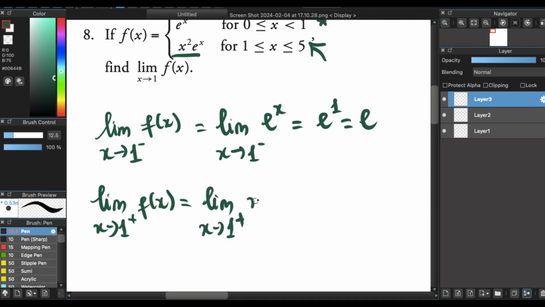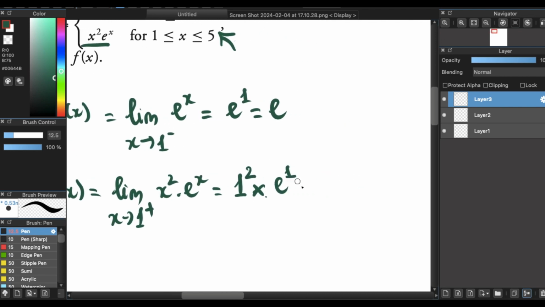It's x squared multiplied by e, and I'm going to substitute 1 for x. There we go, 1 squared and e, and I'm going to obtain e.